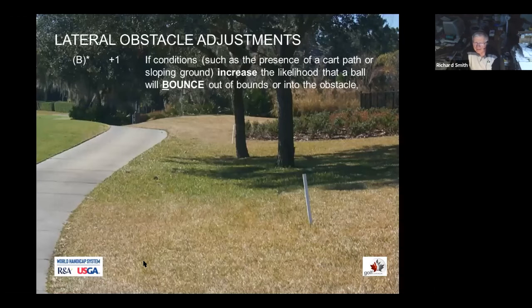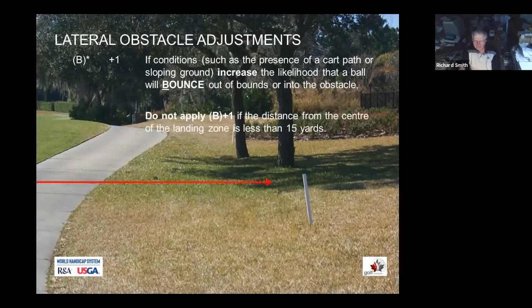Lateral adjustments then. B+1, if the presence of a cart path or sloping ground increase the likelihood that the ball will bounce out of bounds or into the penalty area or other obstacle.